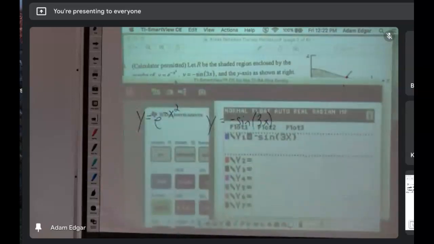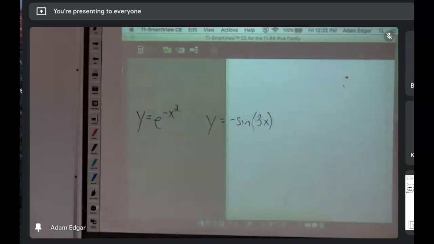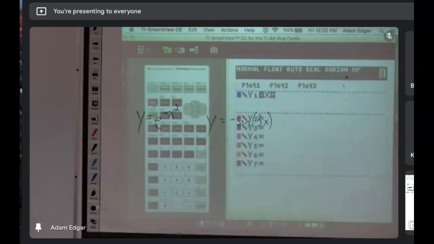E to the negative x squared. This is math class, so don't worry about significant figures.